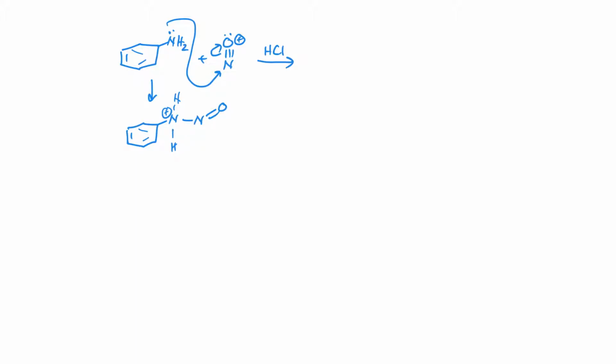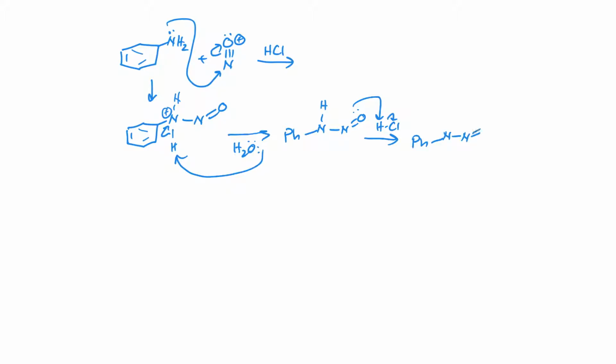So let's go ahead and do a proton transfer and get rid of this extra hydrogen. Whenever we're in HCl, there's always going to be some water around, so I'm going to use that to proton transfer. I'm going to start abbreviating my phenyl ring just to make things a little more compact here. I've got HCl. I'm going to protonate the O. And then I'm going to basically remove the extra hydrogen on the first nitrogen.